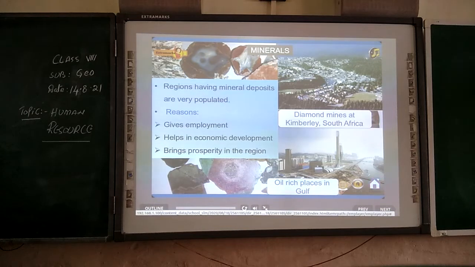You can picture here diamond mines at Kimberley, South Africa, and oil-rich places in the Gulf.